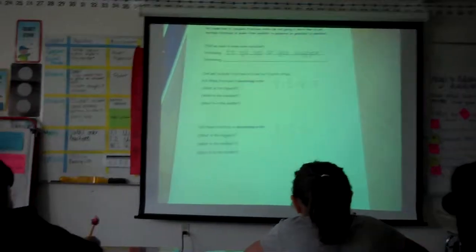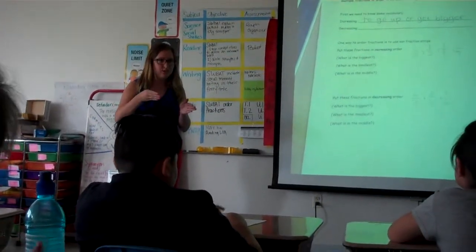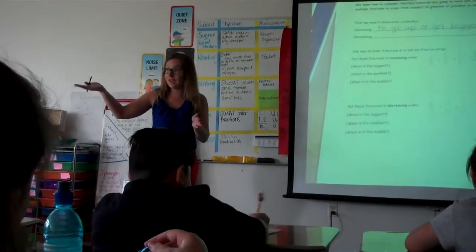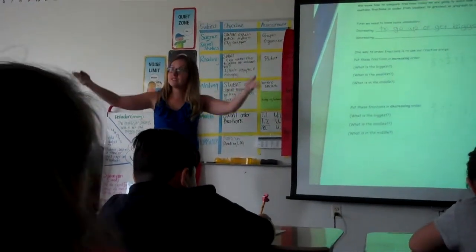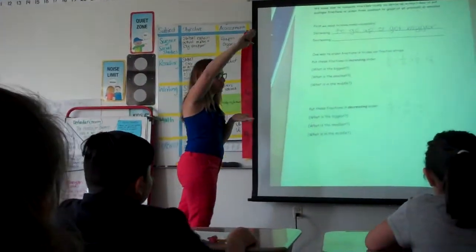So if we were asked to put whole numbers in increasing order, we would go 1, then 2, then 3, then 4, then 5, then 6. There we go. Increasing is to go up in order.